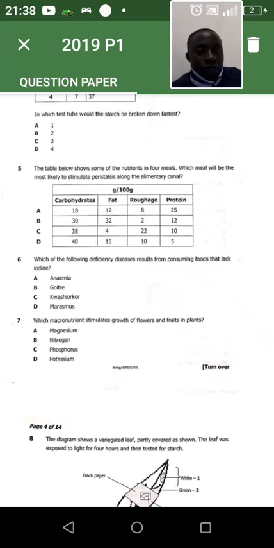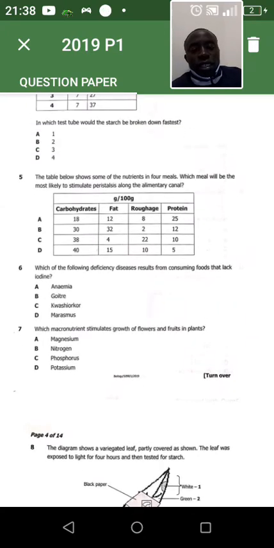If you are not following properly, question 7. So you have magnesium, nitrogen, phosphorus, and potassium. So potassium is the one which stimulates growth of flowers and fruits in plants. Question 8.